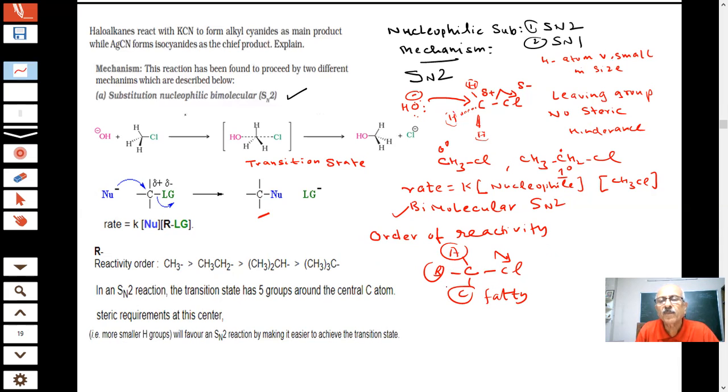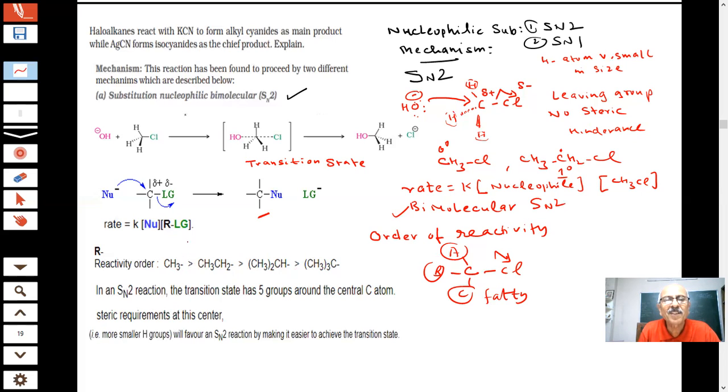And therefore, we can say that for SN2, the order of reactivity is as we have shown here. This is 0 degree carbon, 1 degree, 2 degree, and 3 degree. This is the order of the reactivity. Questions are coming on this, that's why we have to be sure.